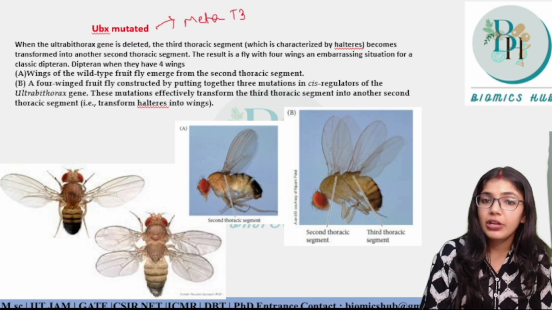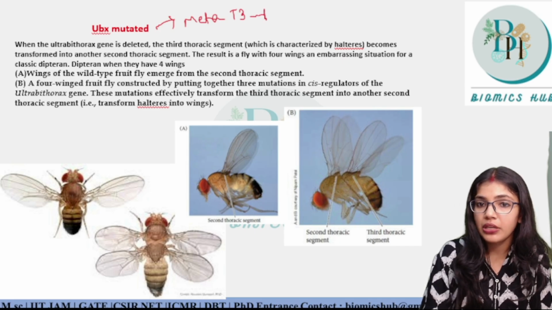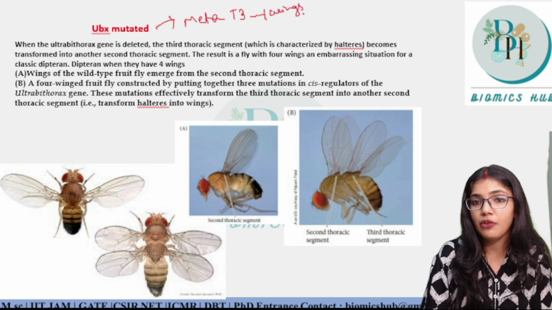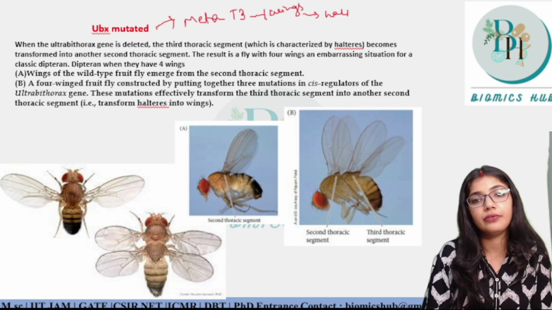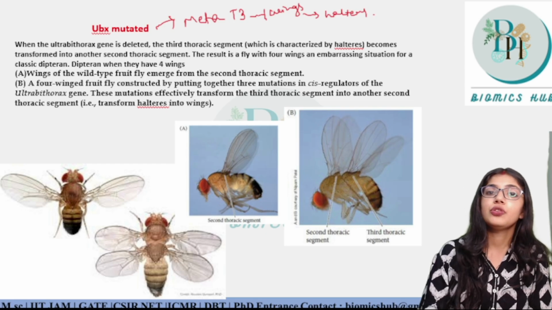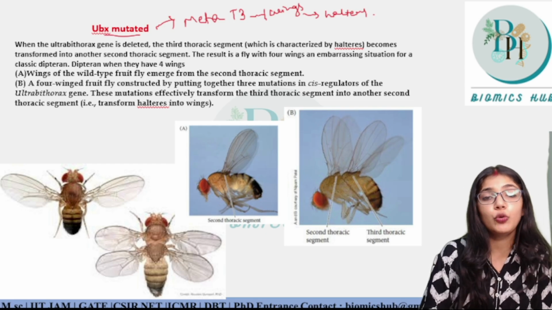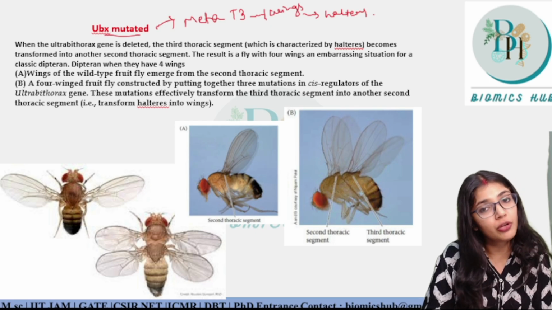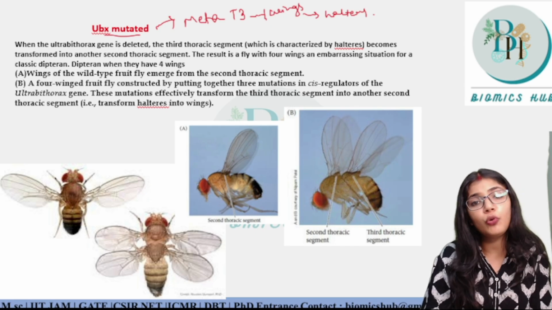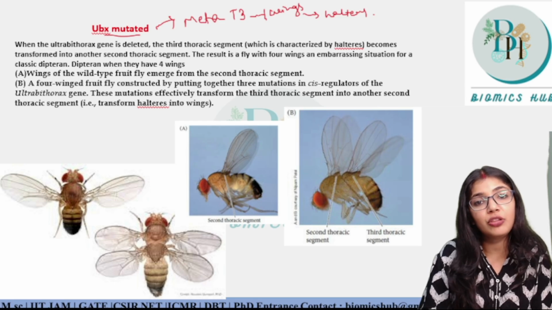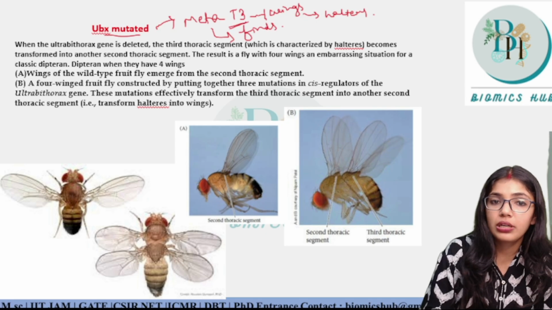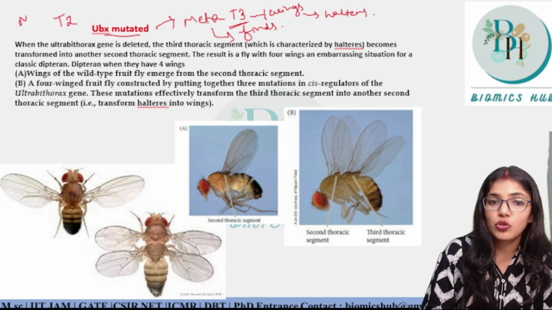In the T3 segment, it was inhibiting the formation of wings, so halters were produced. If ultrabithorax is mutated, it cannot inhibit the formation of wings, so there will be no halters. In the metathorax also there will be formation of wings. This T3 segment will look like the T2 segment, the mesothorax.